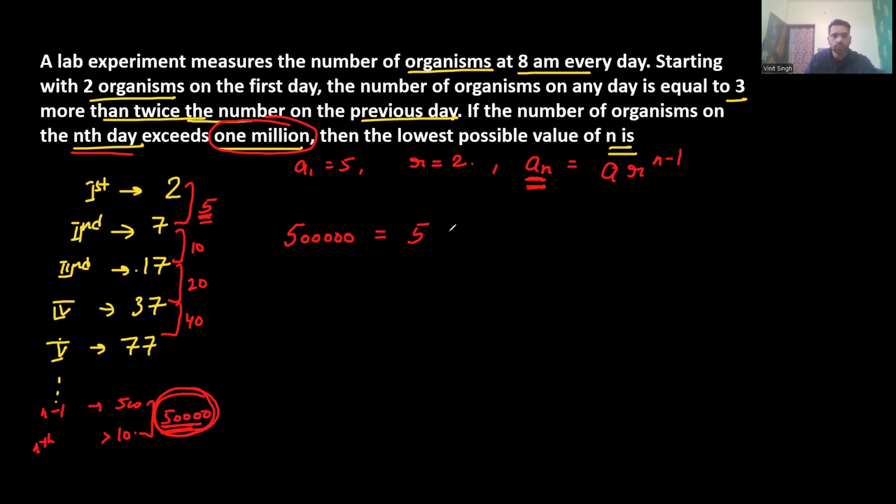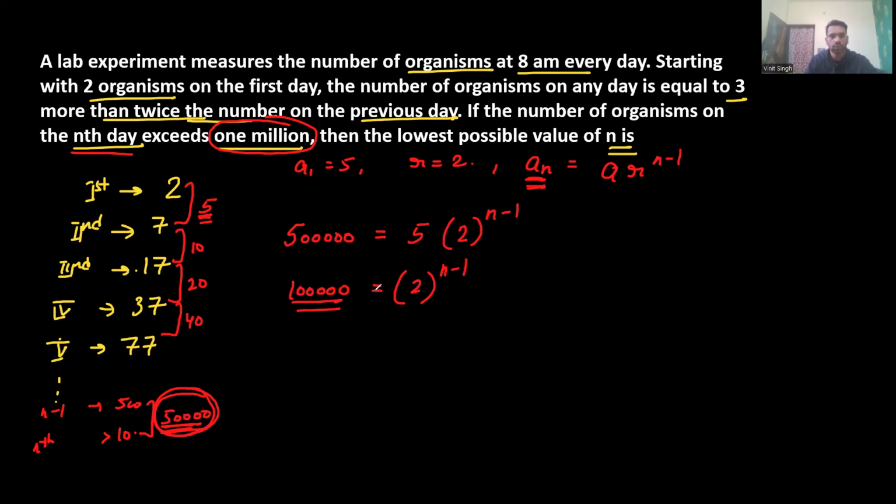The first term is 5, a times r to the power n minus 1, with r equal to 2, and n minus 1 is the number of terms. After calculating, 5 lakh divided by 5 becomes 1 lakh, equal to 2 to the power n minus 1.